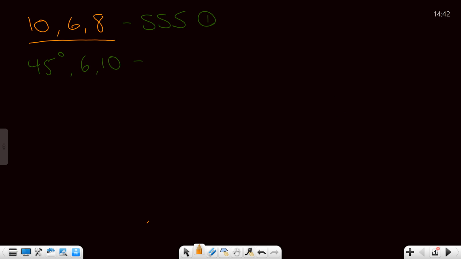Once you get it constructed, compare with everybody else's in your group. See if they match. As you're doing the construction, label the measurements that you measure. Mark the 45 degree angle, mark the 6 centimeter segment, mark the 10 centimeter segment.